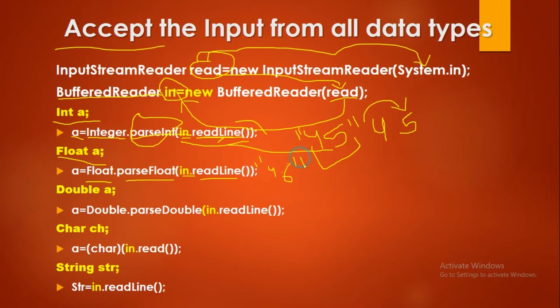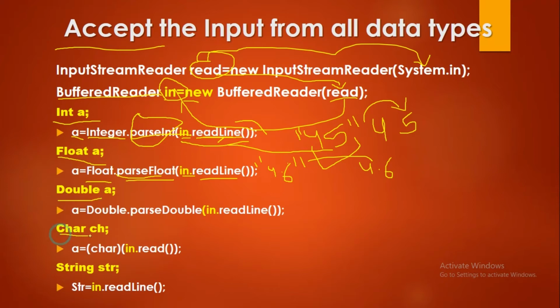This is in the form of a string only. So if we are using parseFloat here, the string will be converted through parse into float form. It is the same for double also.